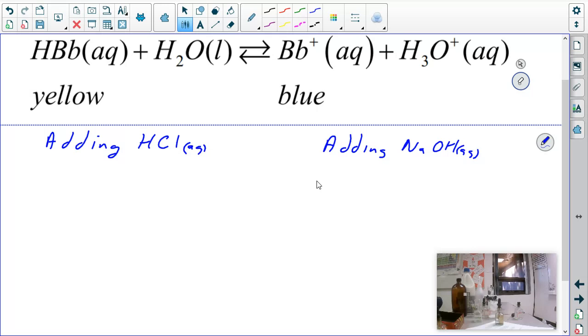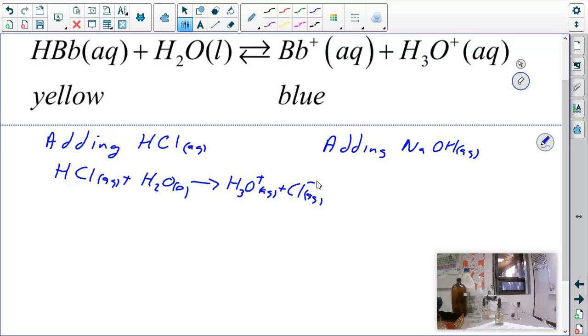Okay? So let's talk about adding HCl. There's no HCl in that thing. Well, remember, HCl is a strong acid. It's one of our 6 strong acids. So when I add HCl to water, it's in solution, so I've added it to water. That's going to become hydronium ions and chloride ions.